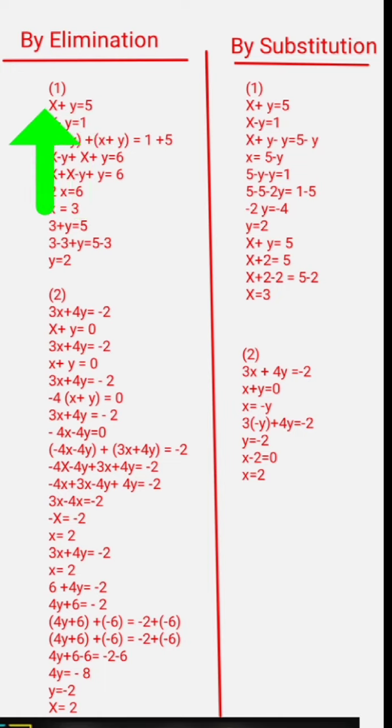So how do you do that? In this case, if we add equation 1 and equation 2, we see how the coefficient of y cancels out, because y minus y is equal to 0. So we don't need to do anything much. All we need to do is add equation 1 and equation 2. We have s minus y plus s plus y is equal to 1 plus 5.